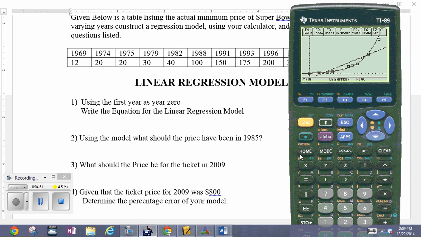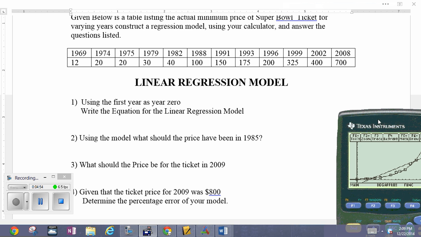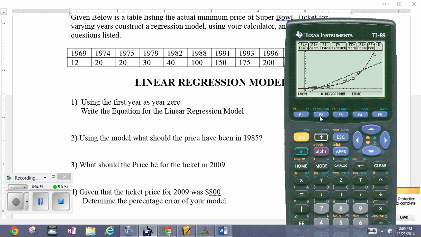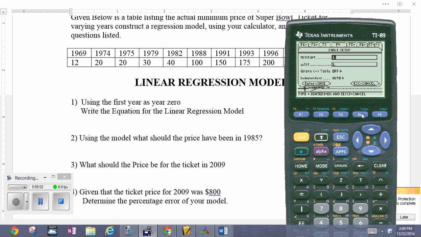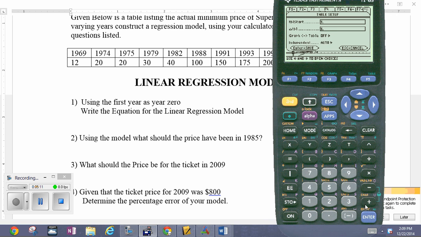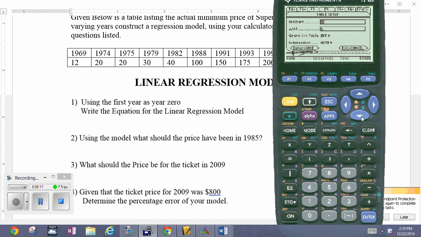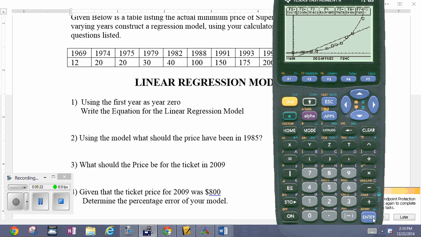So we can go into our table setup and set it to ask. I didn't set that. Set this to ask. Okay, and let's look at our table values. Go to the home screen rather, and look at the table and see what we're looking at.